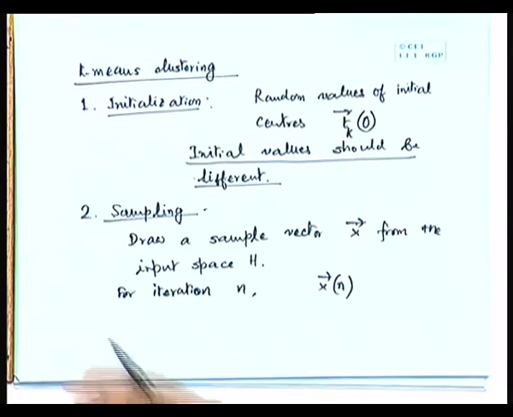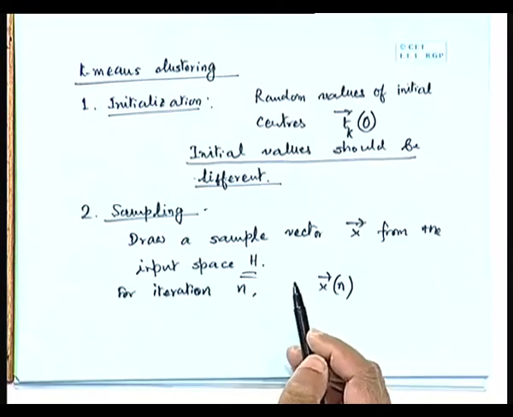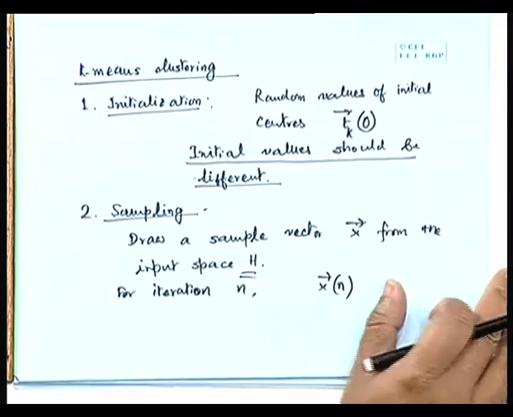We will be picking the sample vector for every iteration from the input space.